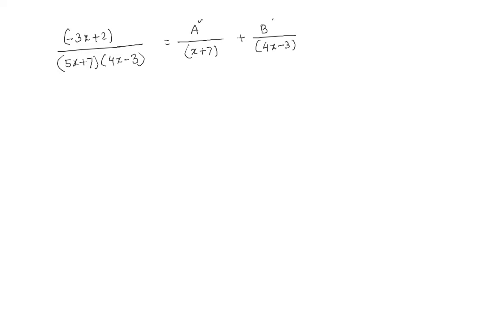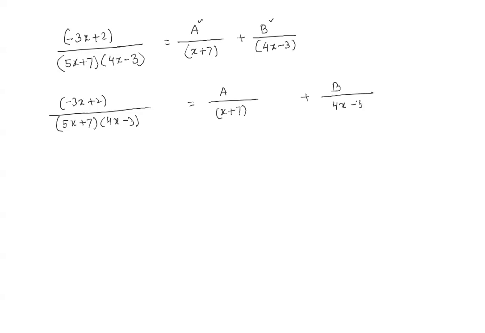So we are going to just write it out again: negative 3x plus 2 over 5x plus 7 times 4x minus 3 is equal to a over 5x plus 7 plus b over 4x minus 3.